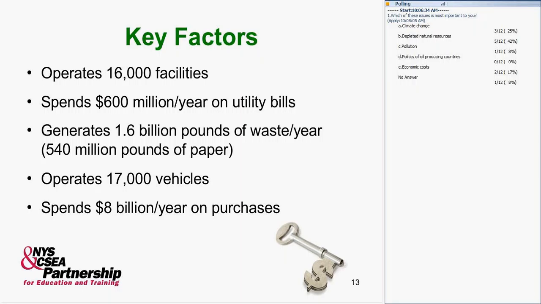New York State, they're the big buyer. So if they start asking for green things, green stuff, whatever it is, pretty quickly the suppliers and the people who are making it and selling it will gear up for that green business. Again, economy of scale. If you sell enough of it, you can do it at a profit.